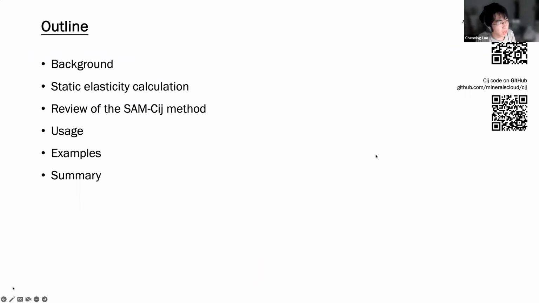So in today's talk, I'll first go through some background of why we are interested in thermal elasticity. Next, I will show you how to calculate static elasticity. After that, I will briefly review the semi-analytical CIJ method, which is used to create the code and perform thermal elasticity calculations.